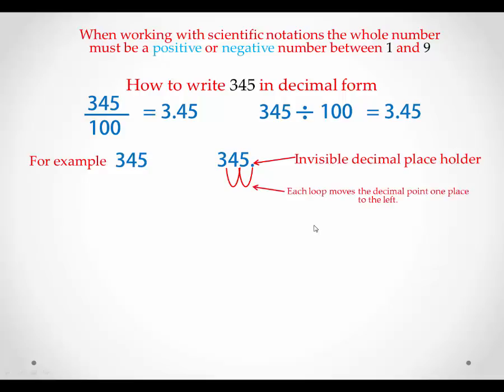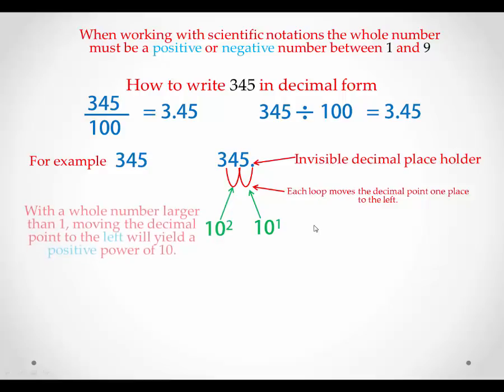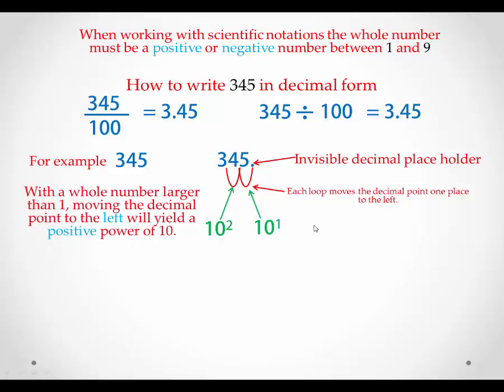So here we have base 10 to the power of 1 for the first move and base 10 to the power of 2 for our second move. Please note that with a whole number larger than 1, moving the decimal point to the left will yield a positive power of 10. Thus, we have a positive 1 and a positive 2.